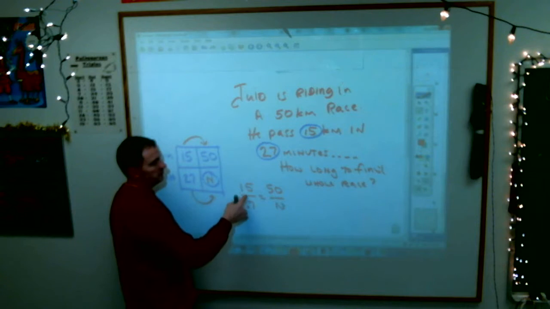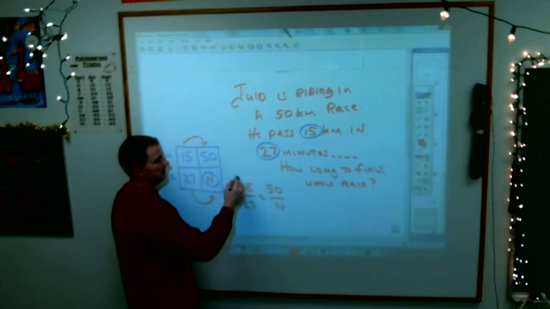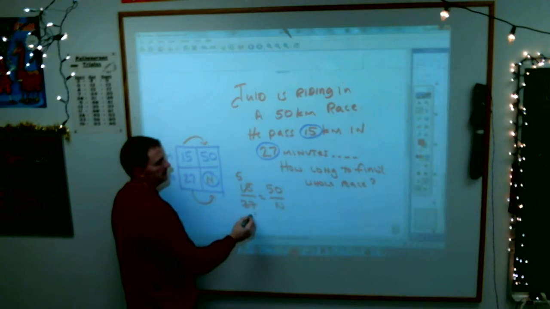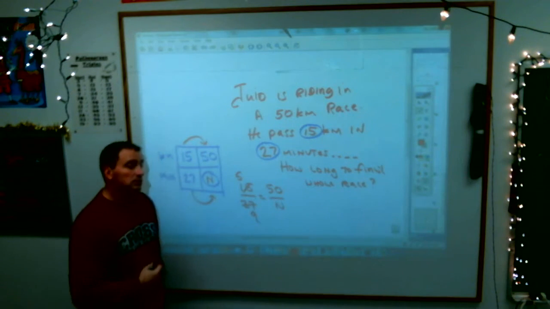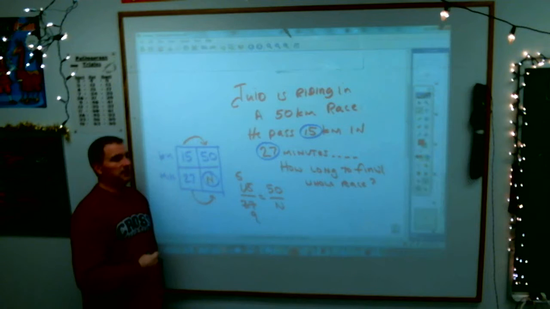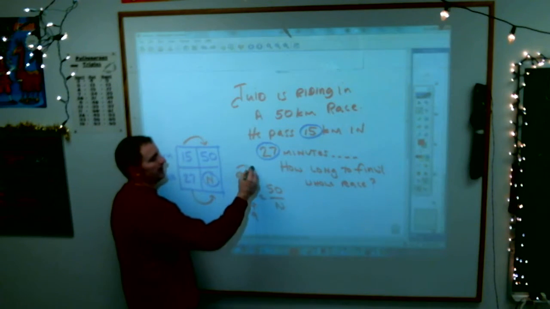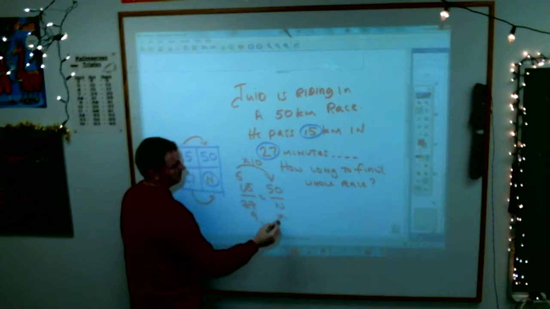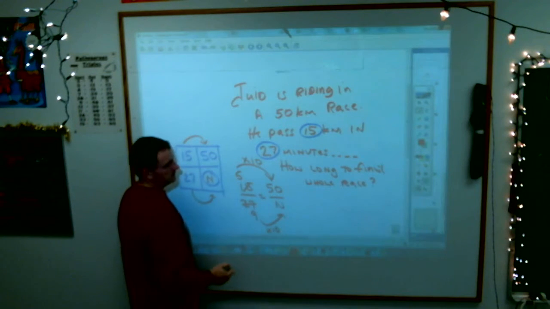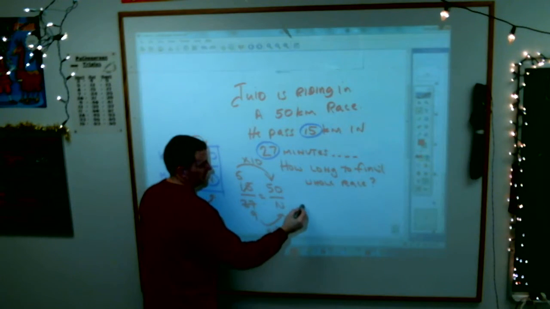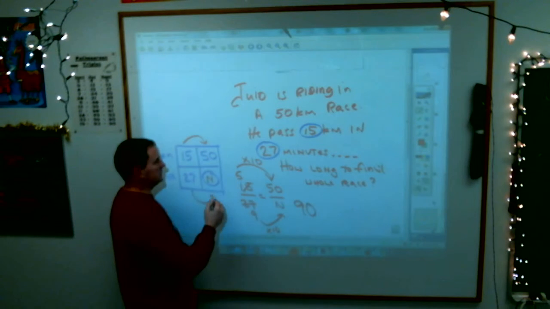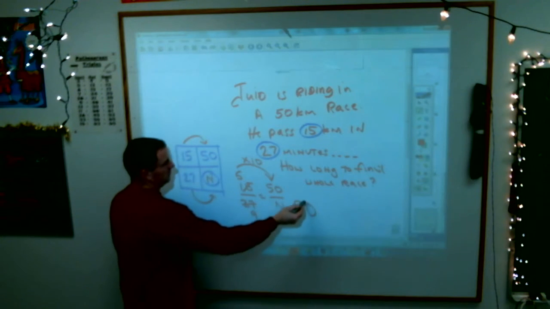You know what number goes into both of these? 3. I can divide them both by 3. That gives me a 5 up here and a 9 down there. Now that I've reduced it, it actually makes it easier because I don't have to do the cross multiplying. I can go from 5 to 50 by multiplying by 10. So I multiply the bottom by 10. And as fate would have it, he is going to take 90 minutes to finish the race.